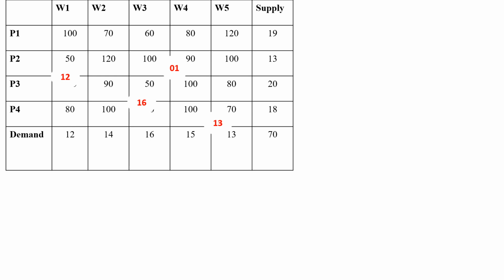Before describing the current slide and what we have done up to step number 4, we see that the W1 cell already existed, the W3 column already existed, the W5 column already existed, and row wise the P2 row supply already existed.